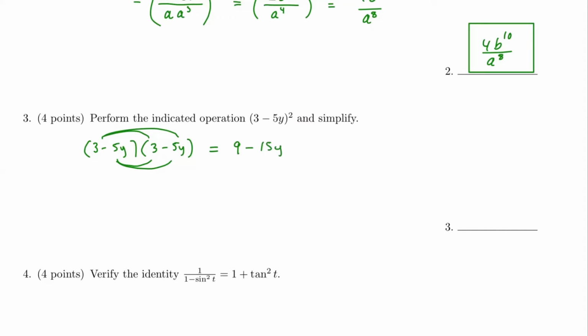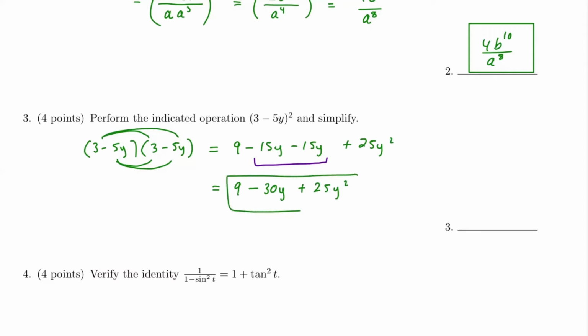And then negative 5y times 3, that's another negative 15y. Negative 5y times negative 5y, that's positive 25y squared. Okay, so here we can combine these guys because they're like terms. So we have 9 minus 30y plus 25y squared. So there you have it. That is our final answer to this problem.